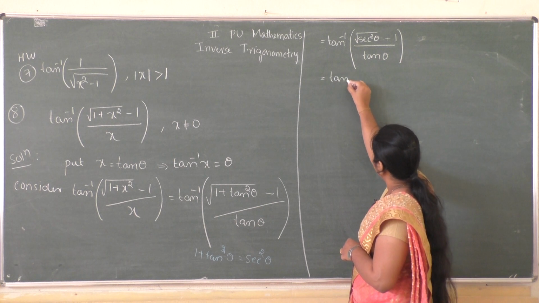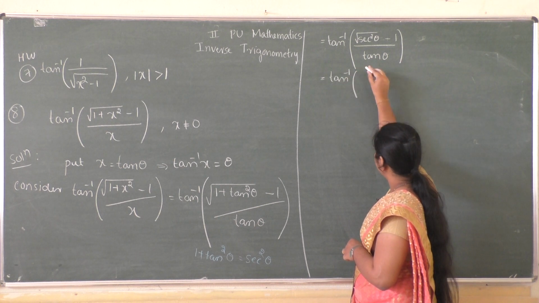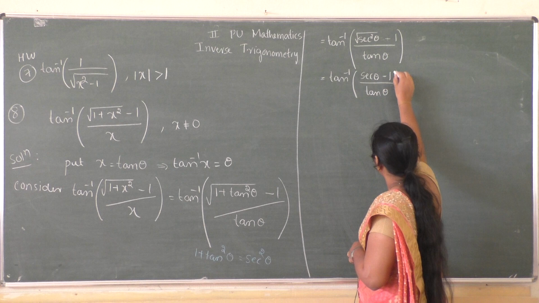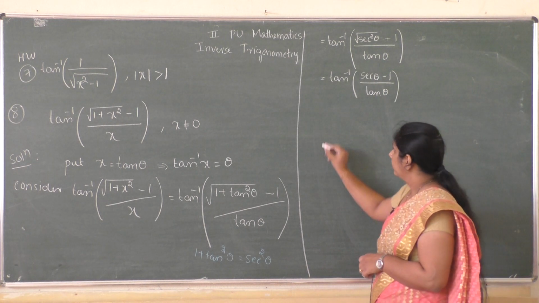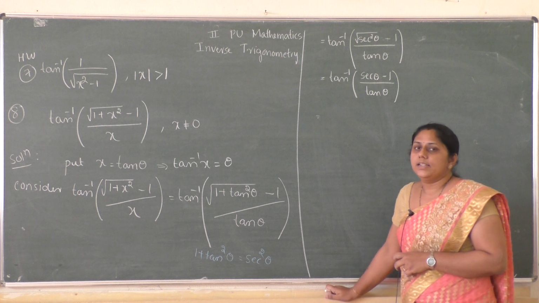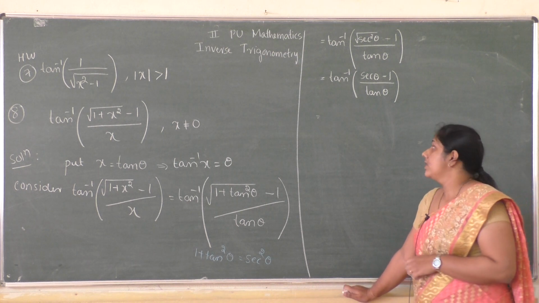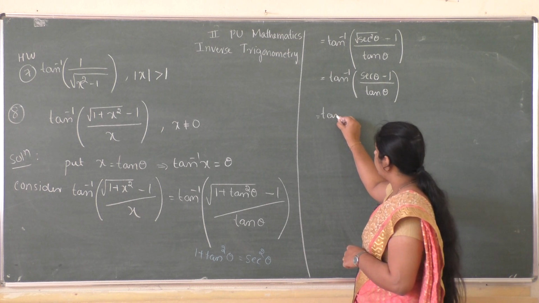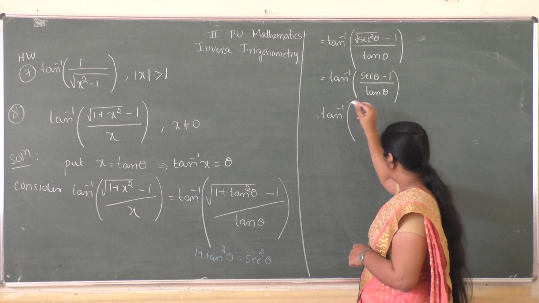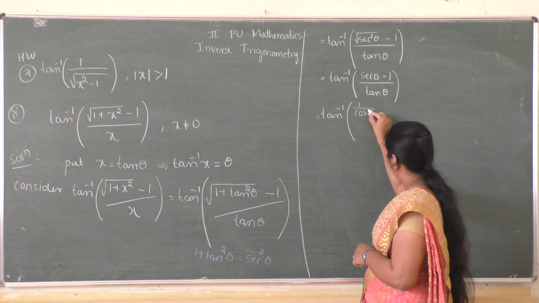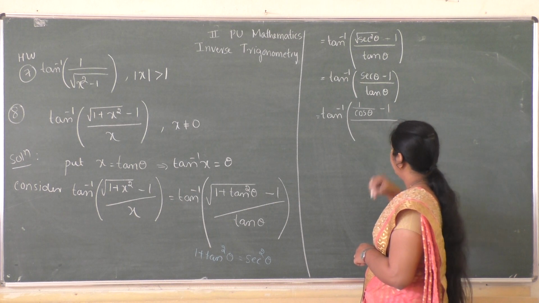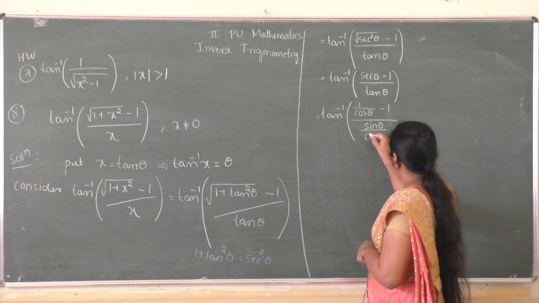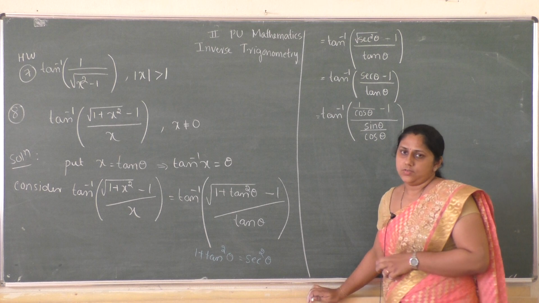So it is again tan inverse of root of sec square theta, which is sec theta, minus 1 by tan theta. Now we can write sec theta as 1 by cos theta, similarly tan theta as sin theta by cos theta, right? So now it is equal to tan inverse of 1 by cos theta minus 1, divided by sin theta by cos theta.